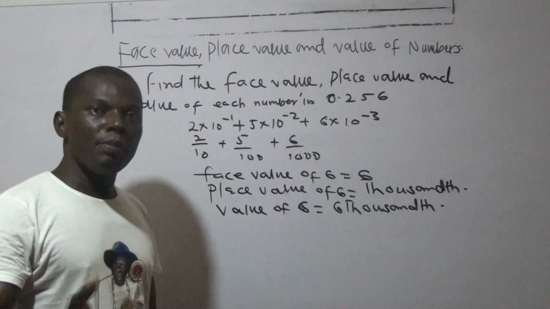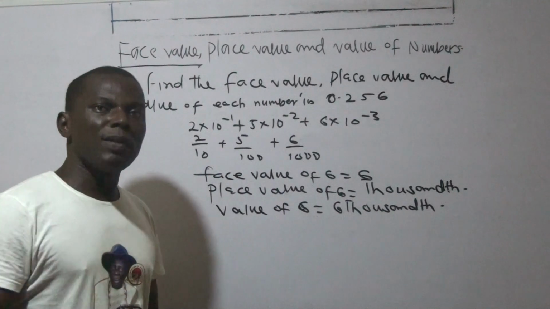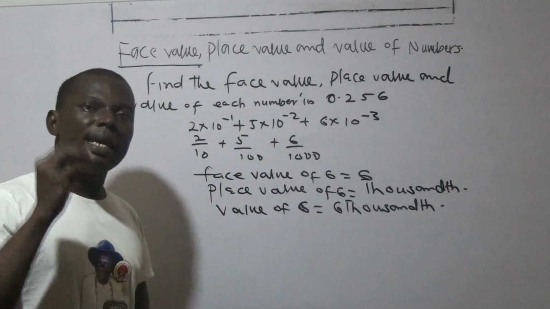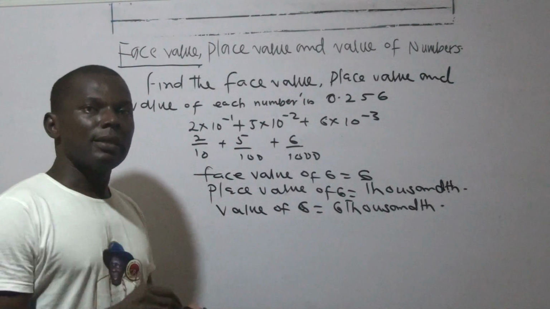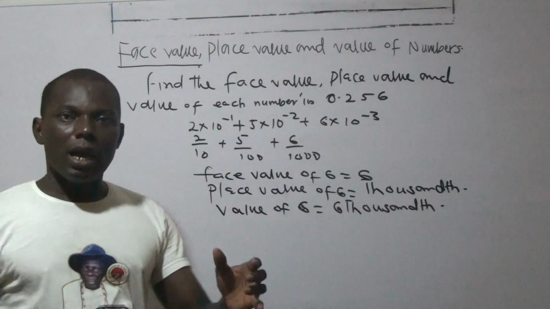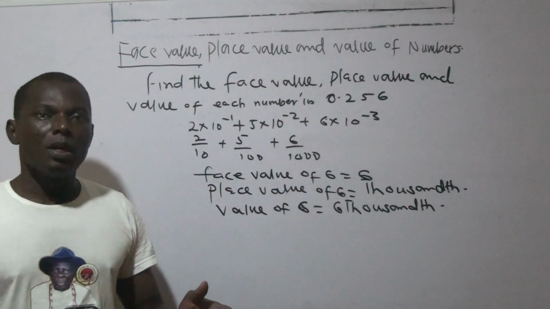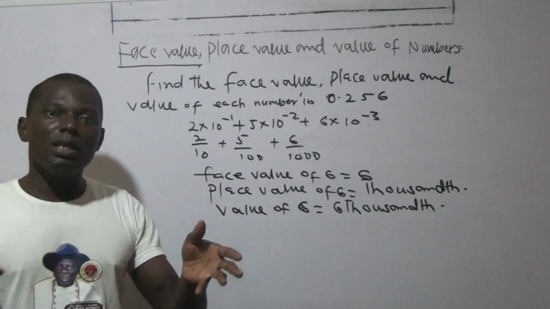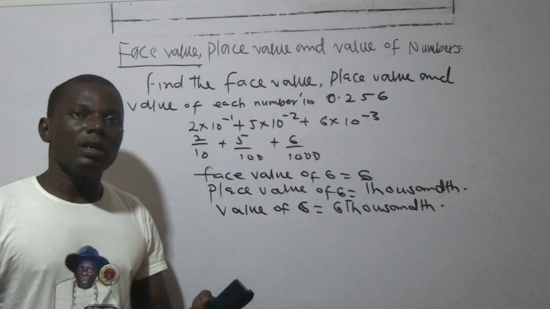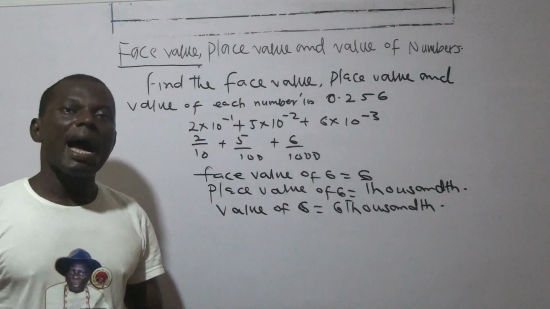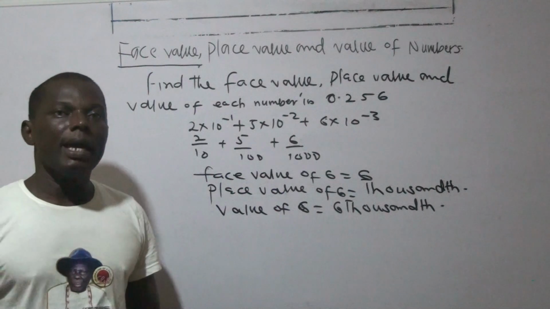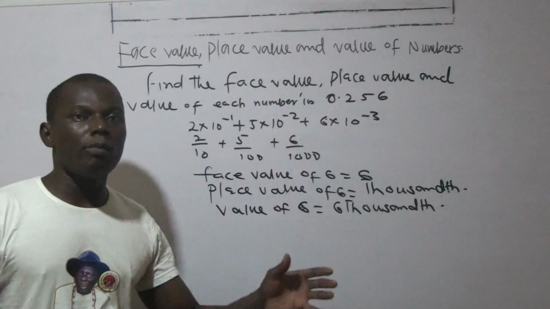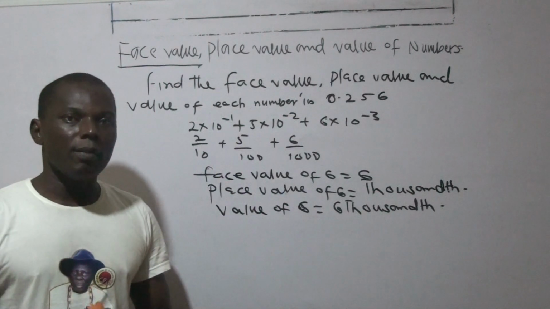But the value of that number is the number mentioned times the position it stands. So in this class, we tried to see how we distinguish the difference between the place value and the value of a number in any given position, whether for whole numbers or decimal numbers.